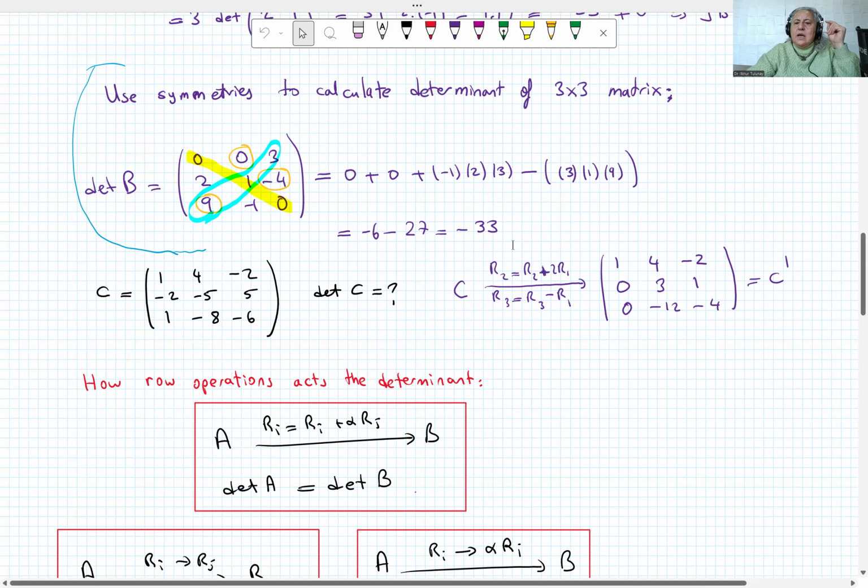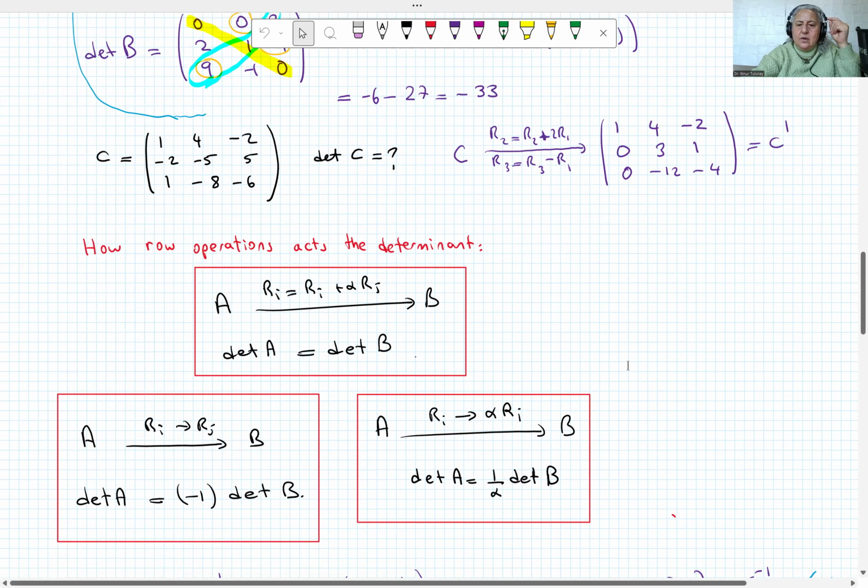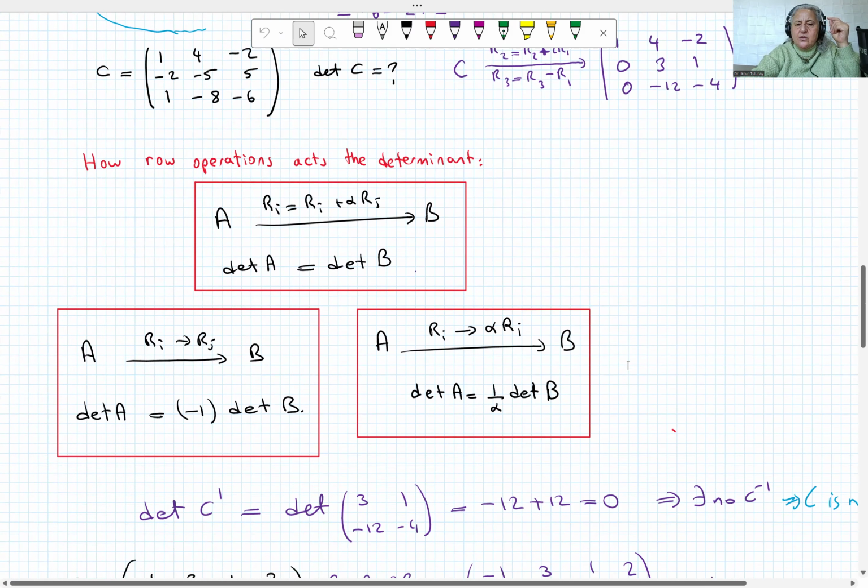But not all row operations are the same: some row operations change the determinant, some do not. This is the part about how the determinant is affected by row operations. If you add a multiple of a row j to the row i, it does not affect your determinant.